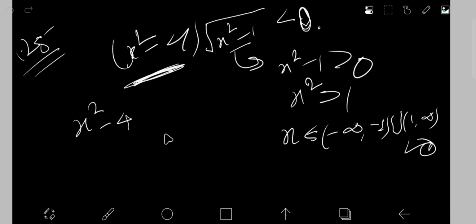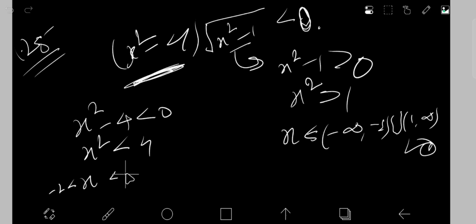Yes, this is the first condition, and for this one, less than 0. When this is less than 0, x square is less than 4, so x lies between minus 2 and 2. This is the second condition.